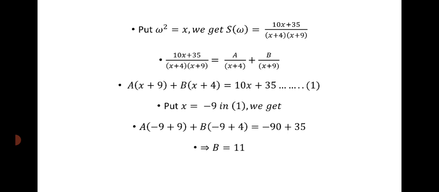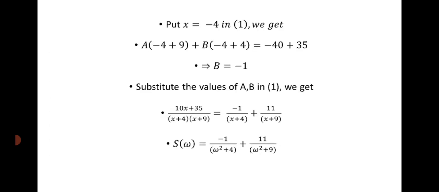First, here we have to find out A and B value. For that, first substitute x equal to minus 9 in equation number 1. We get B equal to 11. After that, we just substitute x equal to minus 4. Therefore, we get A equal to minus 1.